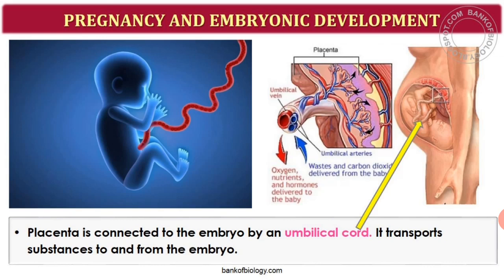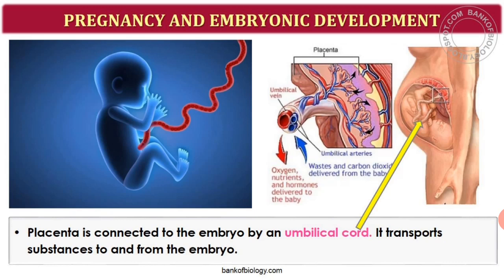The placenta's first function is to act as a barrier between the fetus and mother. Then second, it will supply oxygen, nutrients, etc. from the mother to the fetus. Third function is removal of carbon dioxide and excretory waste from the fetus.